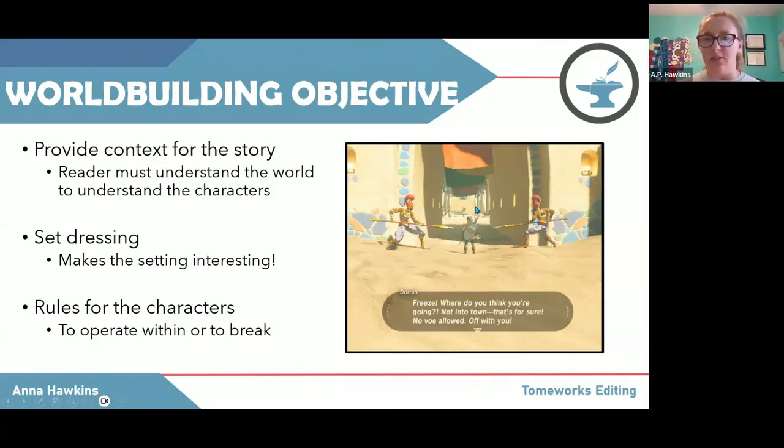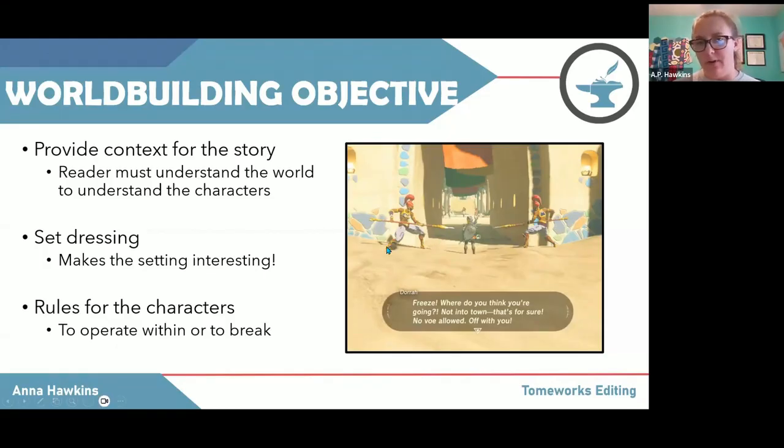So I included this image, and I think this is a good example of world building. This is a video game I like a lot. Basically, the character is trying to get into this city, and you're told you can't go in here. There's no voe allowed. The game does not explain to you what a voe is. It provides context. Here, clearly you are a voe. You're not being allowed into this city.